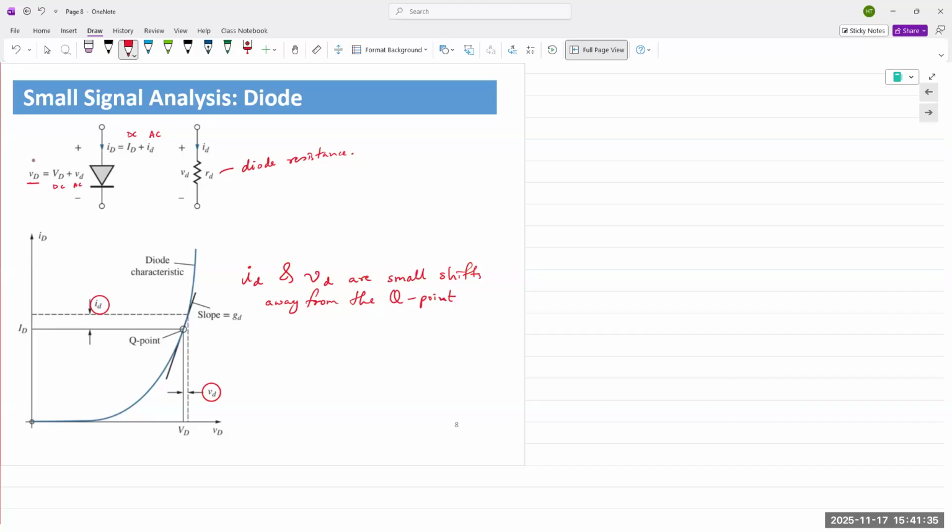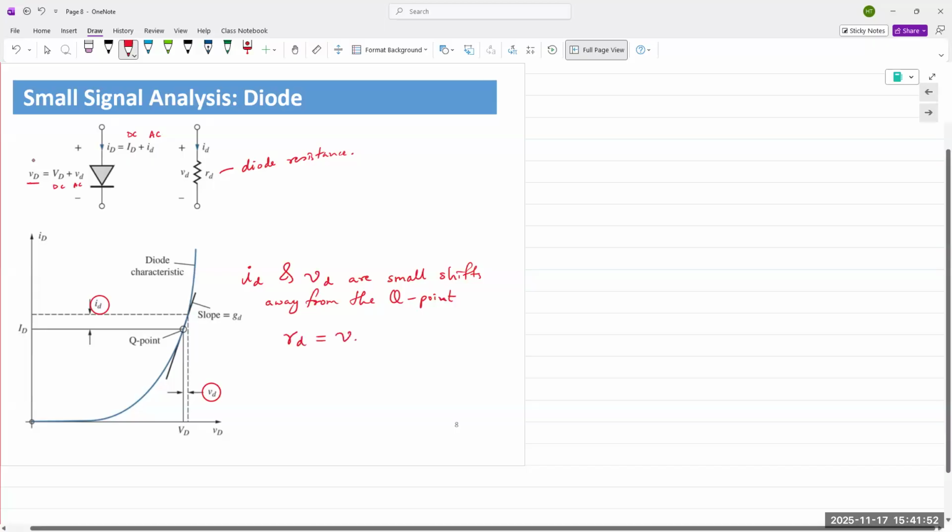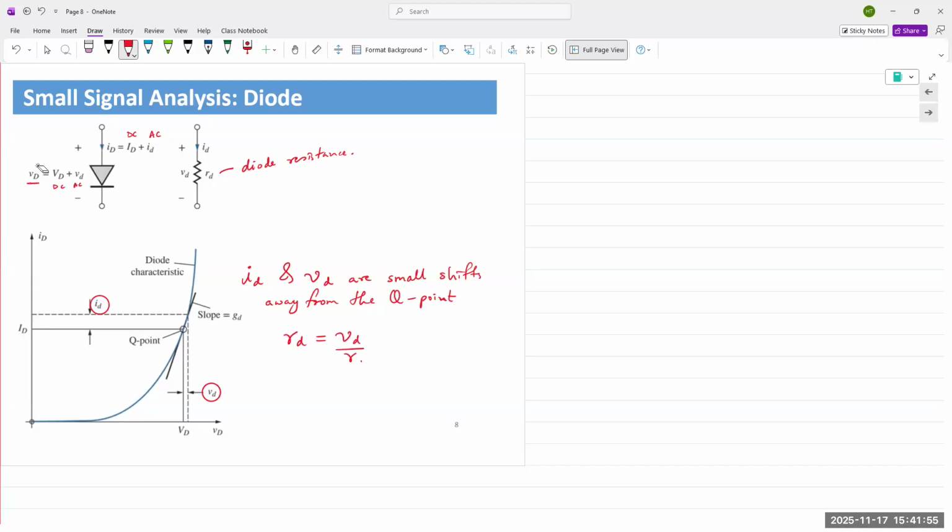They're actually very, very small. Ohm's law, V equals IR. And so the shift in VD and the shift in ID gives us RD. The resistance at the Q point would be the static resistance for the diode. Delta VD over delta ID, change in voltage with respect to change in current, gives us the dynamic resistance RD for the diode.